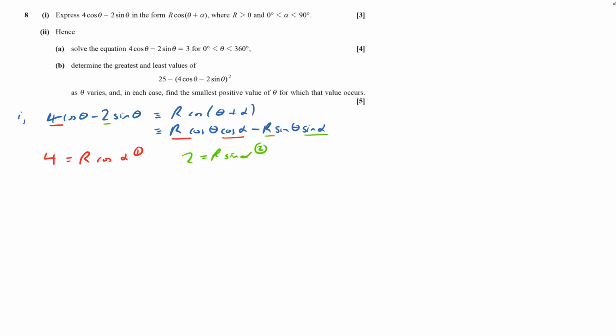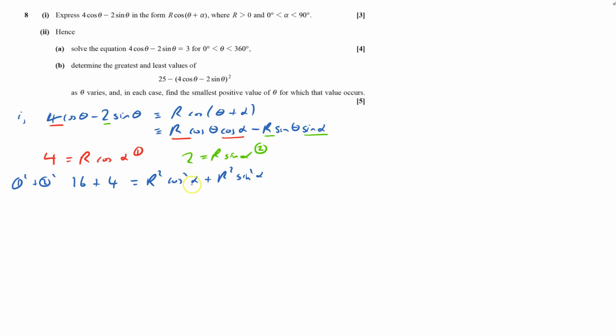And I'll go back to using blue. If I square these, I'll get r squared cos squared plus r squared sine squared, and that will help me work out what we've got. So first off, I'm going to do equation 1 squared plus equation 2 squared, and that will give me 16 plus 4 on the left hand side, and r squared cos squared alpha plus r squared sine squared alpha on the right hand side.